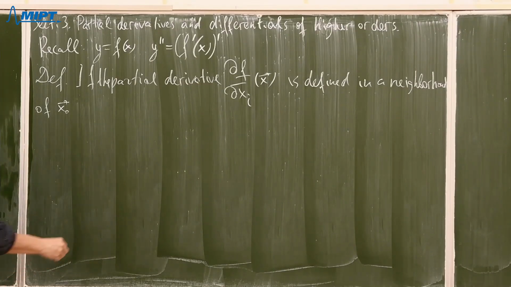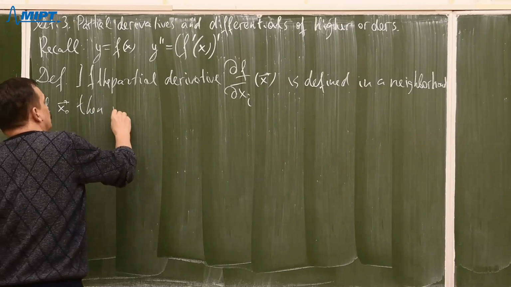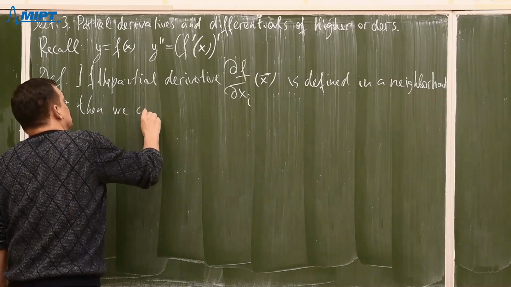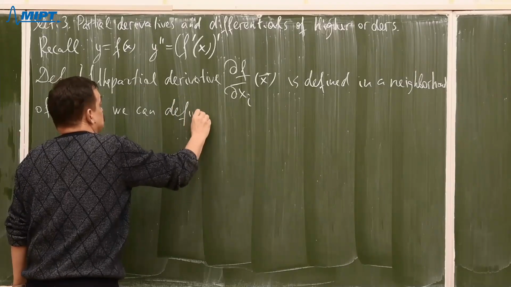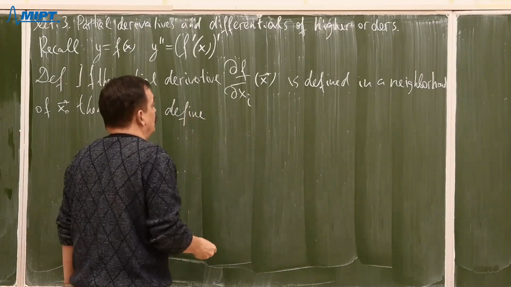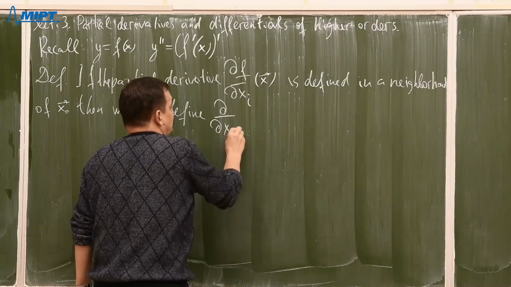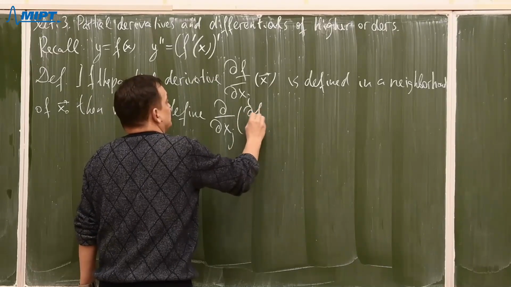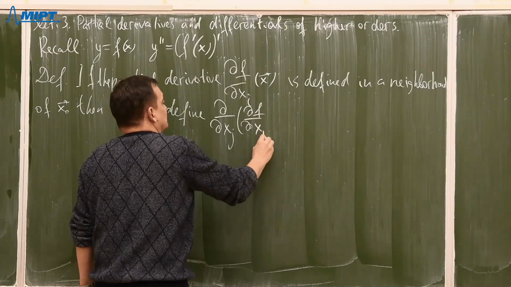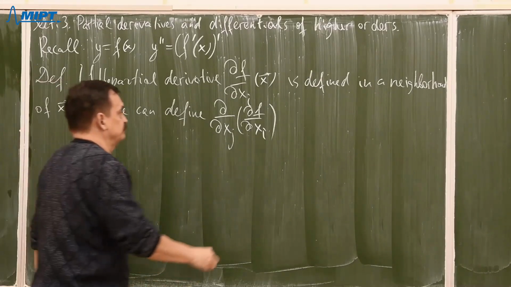Hence we can define the partial derivative with respect to another variable, maybe the same, of that first derivative at x naught.